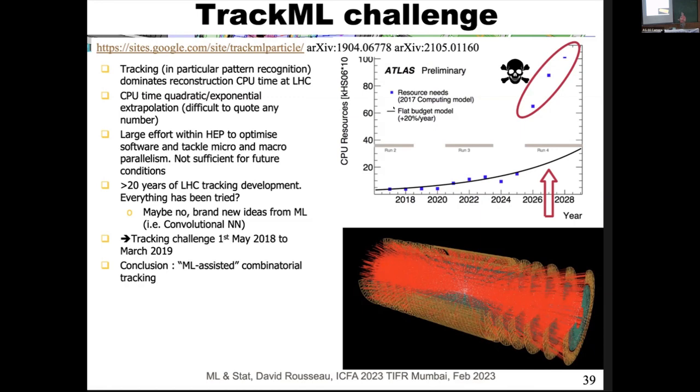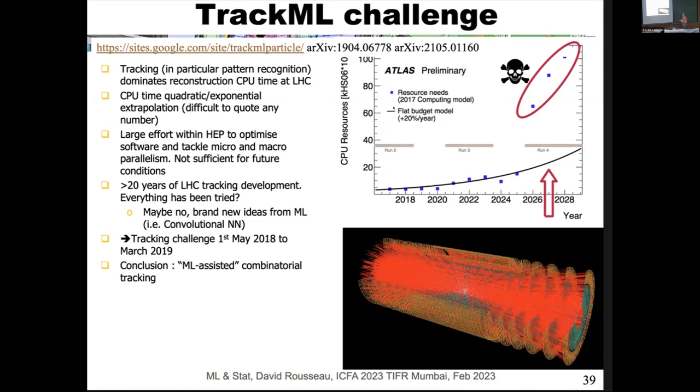On one side, we are working on improving the software, making it faster. On the other side, we are looking at new ideas. So this was the idea of this challenge, which ran in 2018 and 19, and the final paper has just been released last week.